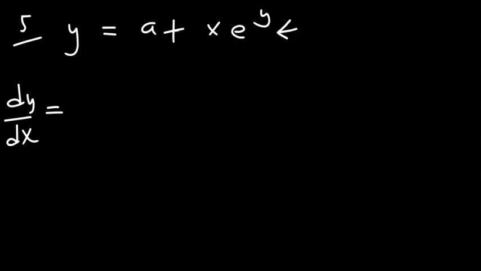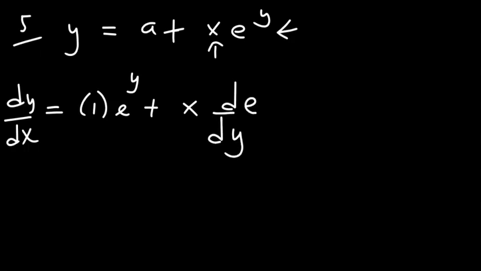Now this term, we can use product rule. First differentiate x, you get 1, and then simply write the second term, plus write the first term and differentiate the second term, namely e to the power y, with respect to x. So that is just d/dy of e^y times dy/dx.